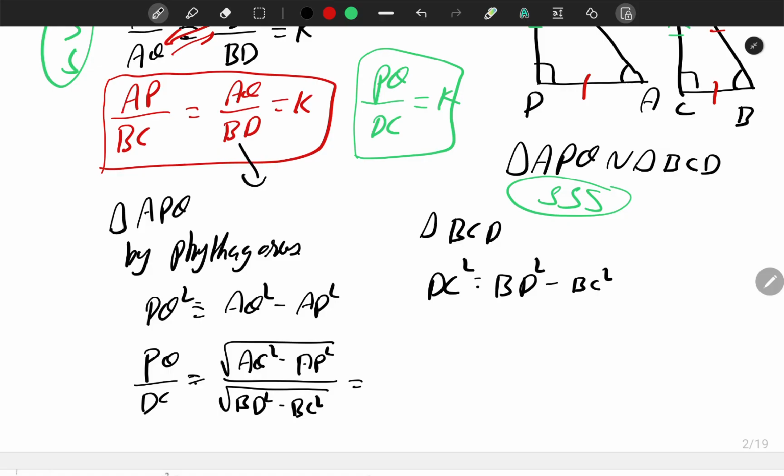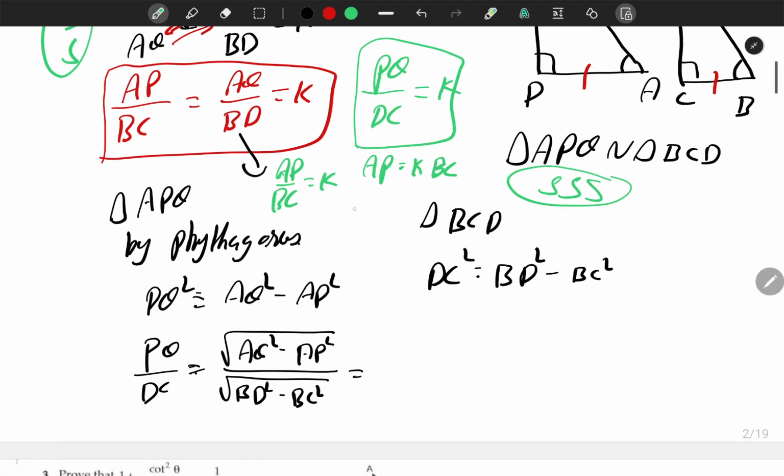So here AP by BC is equal to K. Therefore AP is equal to K into BC, as well as AQ by BD is equal to K. So AQ is equal to K into BD.